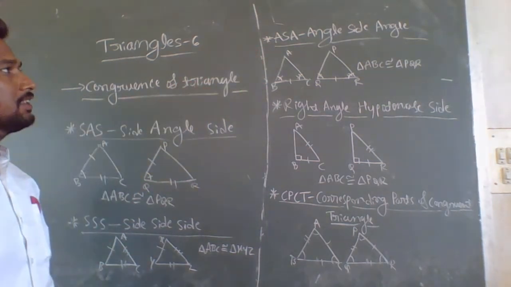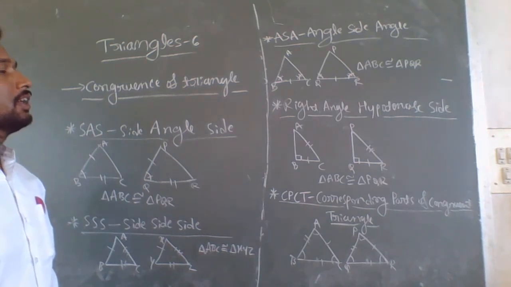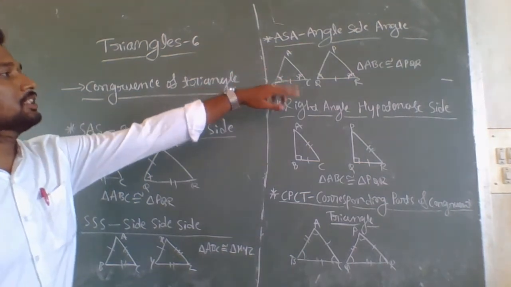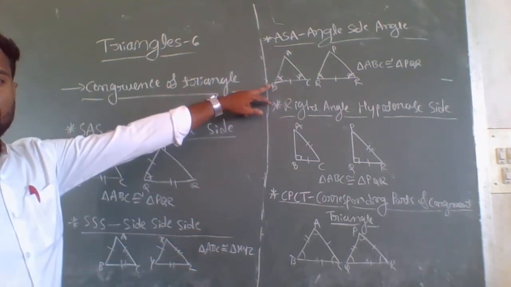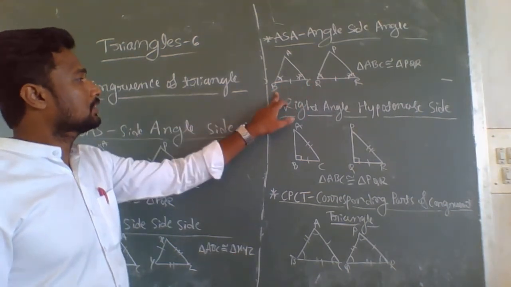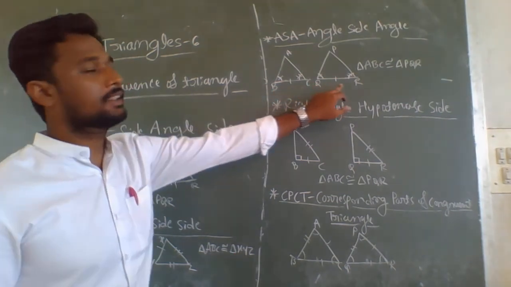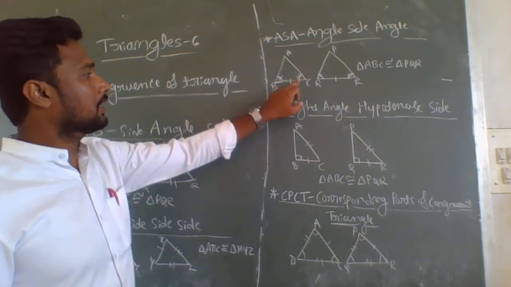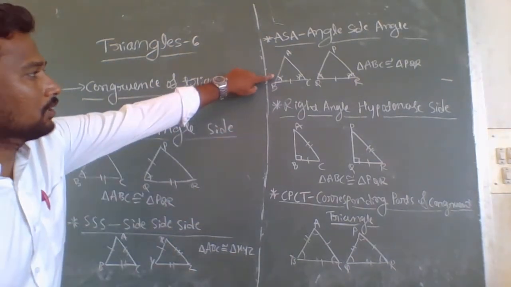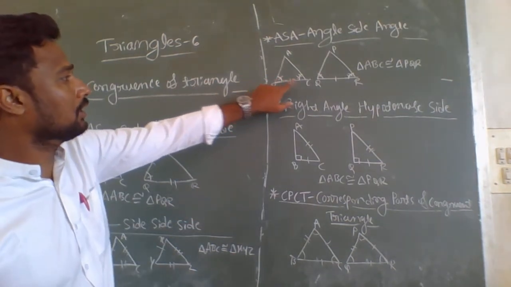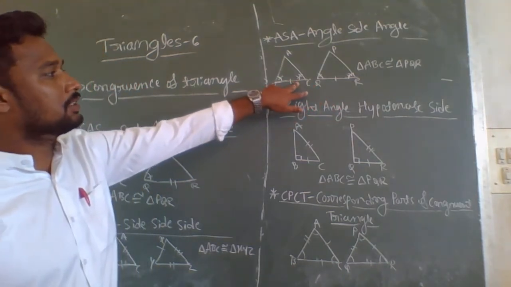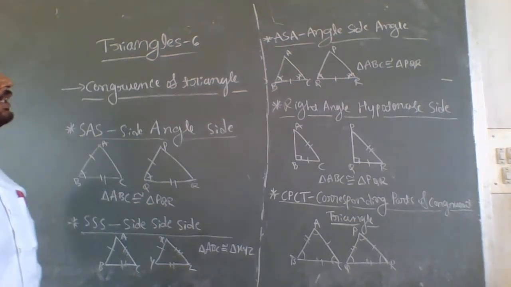ASA, angle side angle. Here are two triangles ABC and PQR. Angle B is equal to angle Q, side BC is equal to side QR, and angle C is equal to angle R. Therefore, angles B and Q, sides BC and QR, and angles C and R are equal to each other.